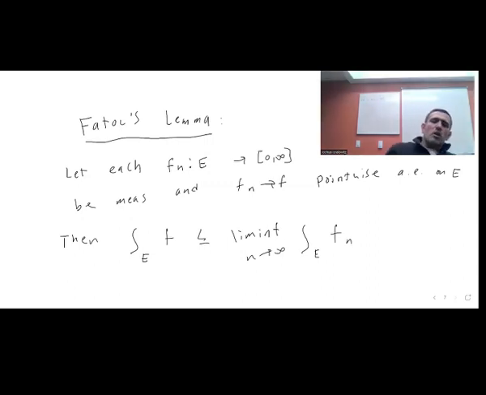Okay. So ideally, we would like the integral of Fn to converge to the integral of F. Unfortunately, that often just doesn't happen. So maybe before proving Fatou's lemma, an example to show just that. I'll erase this in a minute.